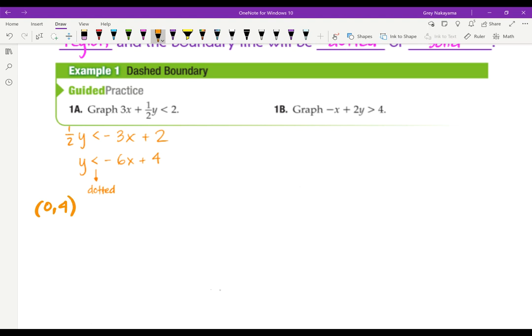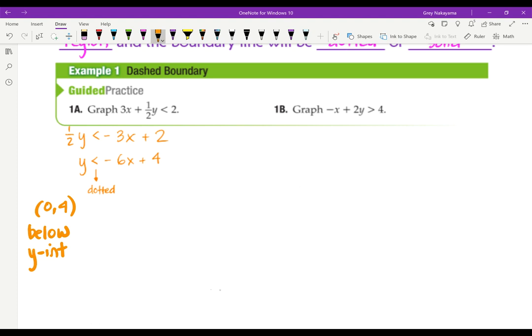And if y is on the left side and you have a less than symbol, then when you shade it, that means you're going to shade below your y-intercept. Now, you can always pick a point, 0, 0, as long as it's not on your line, plug it into the equation and see if it's true or false. If it's true, then you shade that region. If it's false, you don't shade that region.